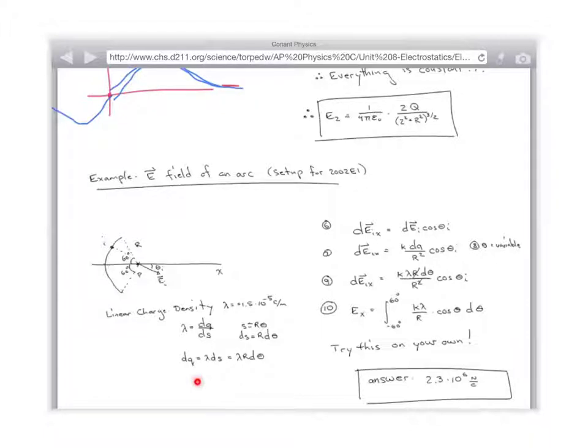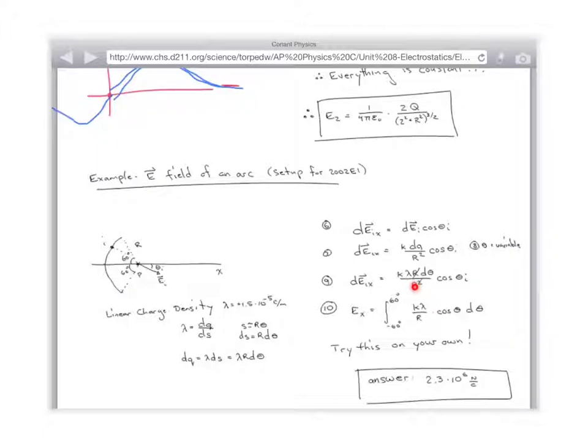Also, because it's an arc, we know s equals r theta, or ds equals r d theta. So dq is charge density times ds, and ds is r d theta, so dq is lambda r d theta. There's a little bit of trickiness setting this up. Substitute lambda r d theta in for dq, so we get k lambda r d theta over r squared.